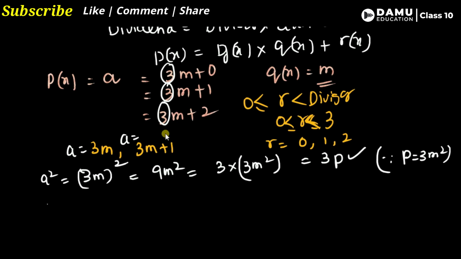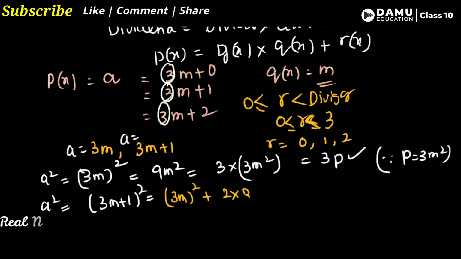Let's consider again a square will be equal to 3m plus 1 whole square. That is a plus b whole square. What is the formula of a plus b whole square? It is a square plus b square plus 2ab. So here, 3m plus 1 whole square is 3m whole square plus 2 into 3m into 1 plus 1 square.